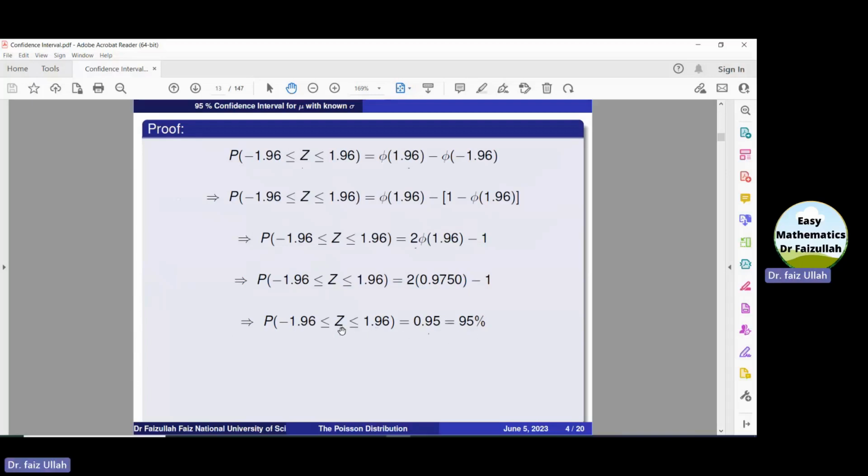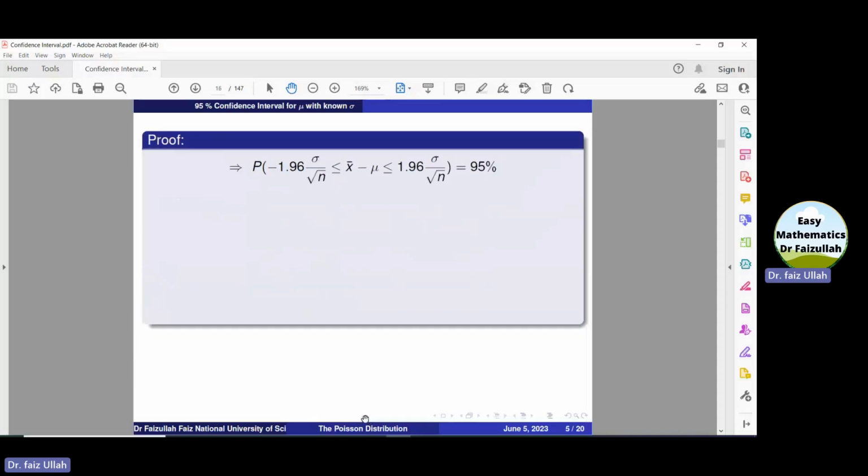In the next step, we substitute the value of z given by x bar minus mu over sigma over under root n. We substitute it here and then we multiply each inequality to eliminate this term from the denominator, and we get this thing.